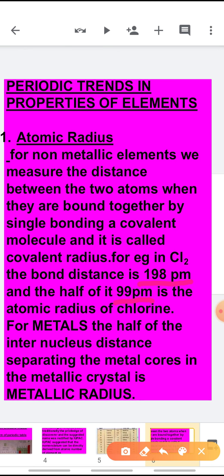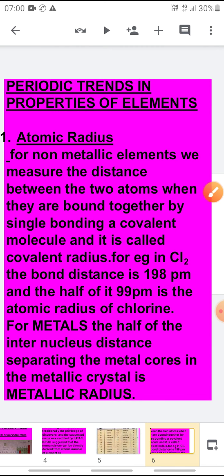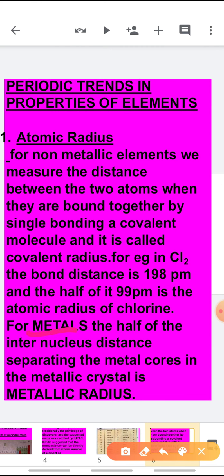This was the case of non-metals. If we are talking about metals, we take half of the internuclear distance separating the metal cores in the metallic crystal. That means the distance between the metal cores divided by 2 will give you the metallic radii.